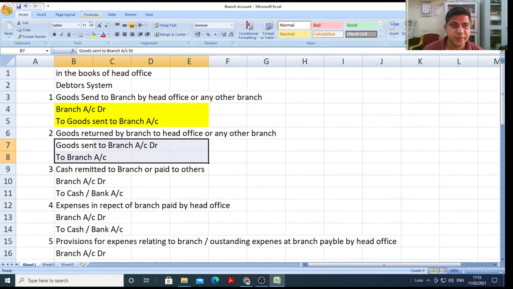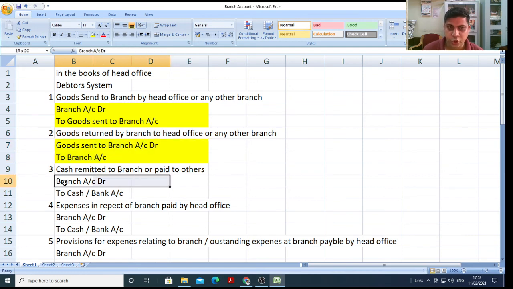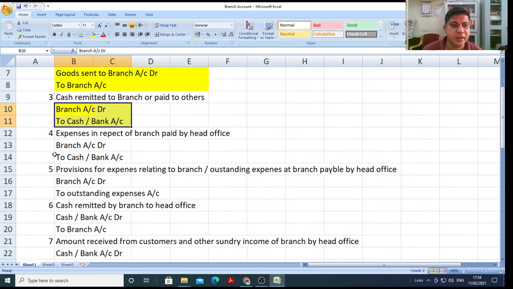So entry will be goods sent to branch account debit to branch account. Cash remitted by branch or paid to others. Entry will be branch account debit to cash or bank account. Expenses in respect of the branch paid by head office, branch account debit to cash or bank account.